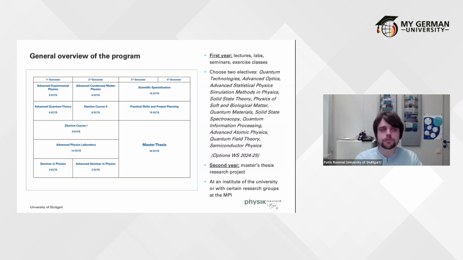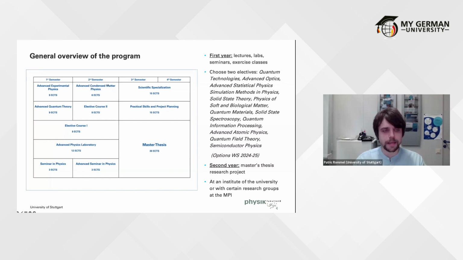Okay, now I want to talk a little bit about the structure of the program. Here we have an overview over the 4 semesters. First of all, there is a kind of principal divide between the first and second year. In the first year of the study program, you will take part in lectures, lab courses, seminars, and exercise classes.